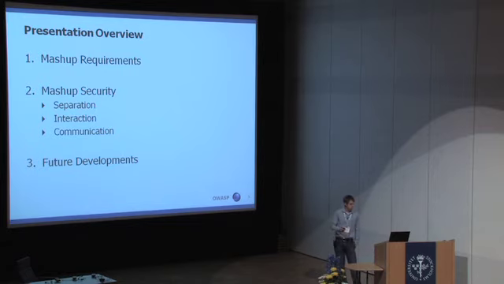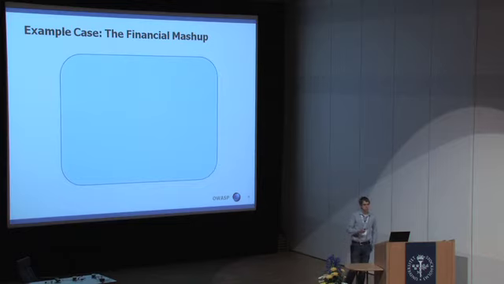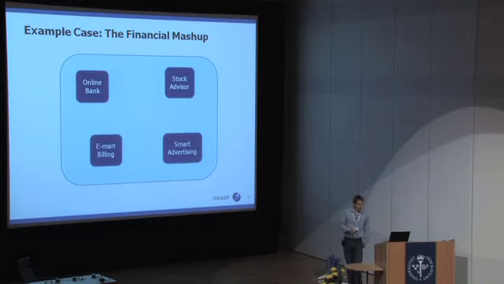But to talk about mashup requirements, first another example, which is a bit more elaborate. In this case, it's a hypothetical financial mashup, which has several components. You have, for instance, an online banking component, which provides you access to your online banking information and allows you to do financial transactions.